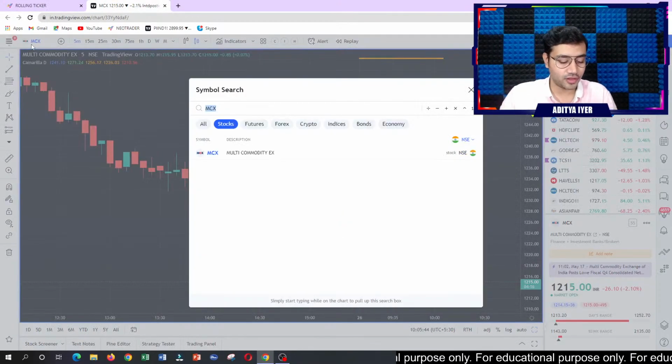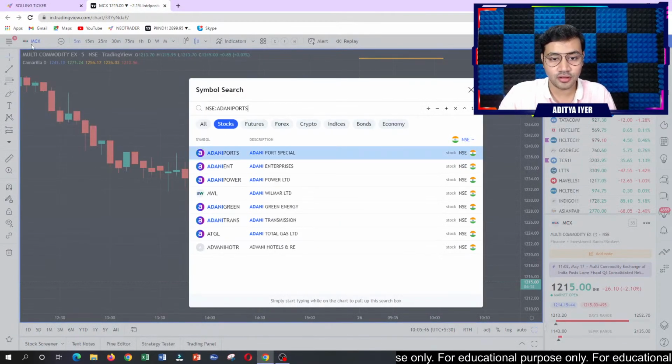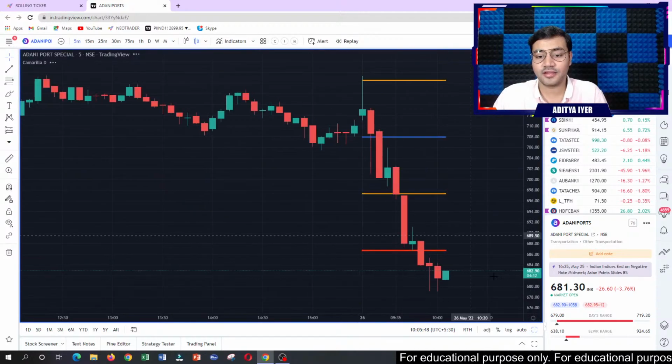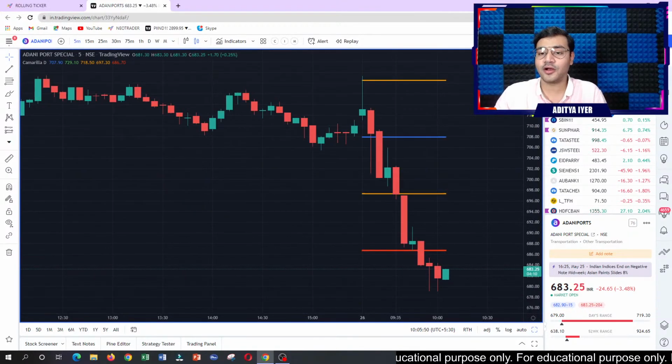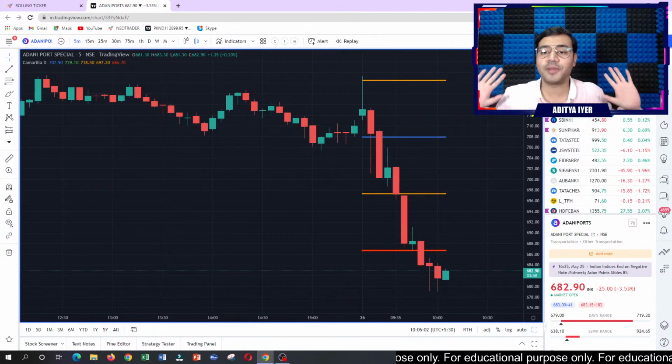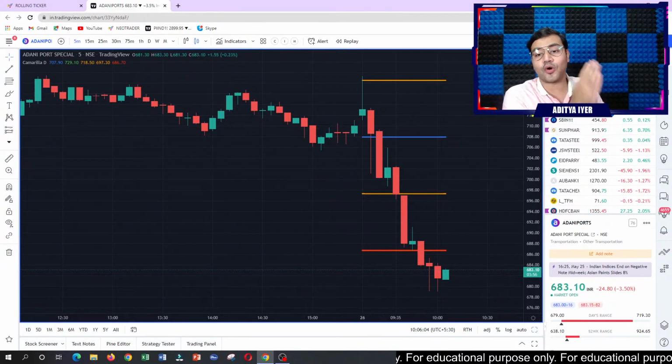If I go here and write Adani Port, I can see it is giving me a score of 2, and it has broken below the L4 level. So what I showed you today is that you can exactly know which stock to pick and exactly which chart to see.